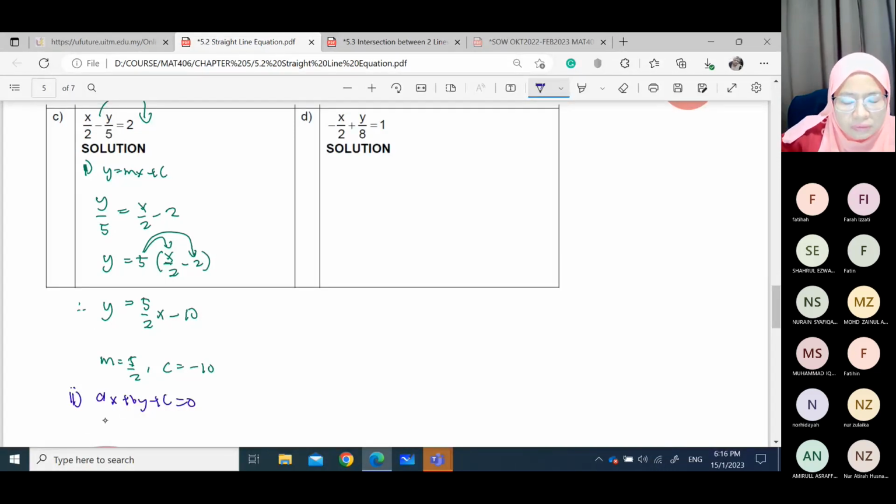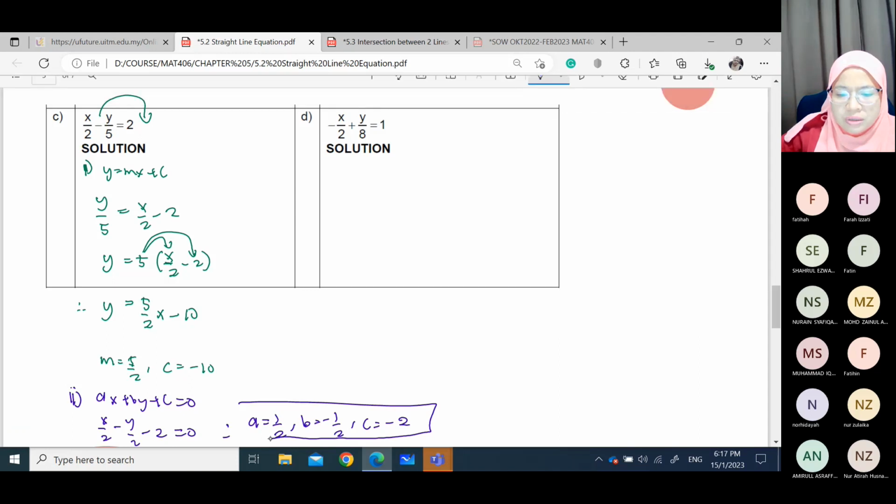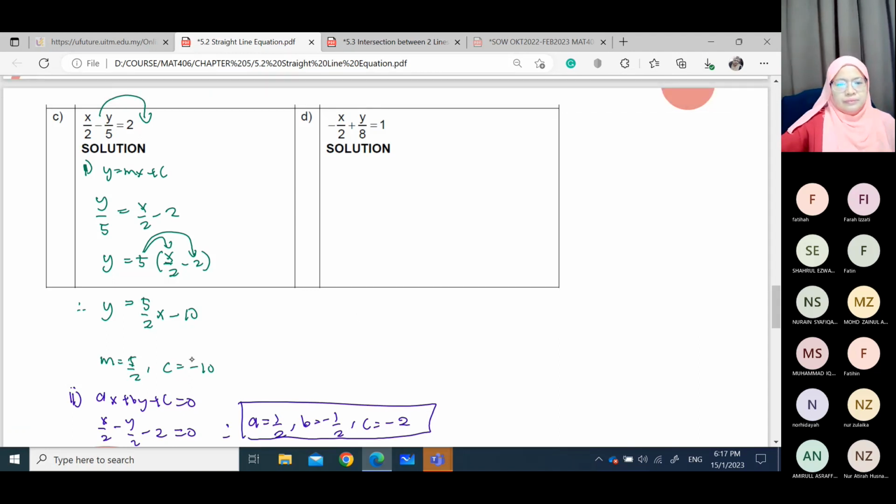So you just rewrite, then here we have x over 2 plus by. So minus y over 2, bawa 2 ke sebelah, negative 2 equivalent with 0. So therefore, a is 1 over 2, b is negative 1 over 2, and c is negative 2. Okay. Right, so ini dalam bentuk general form. Boleh ya?